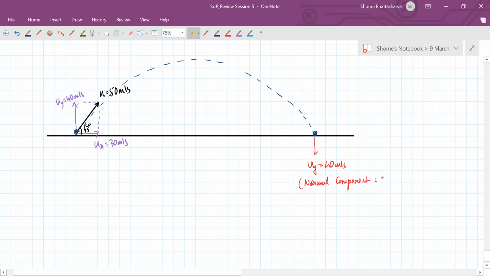That in fact becomes the approach velocity, and the horizontal component is conserved, so it's 30 meters per second, and this is the tangential component.